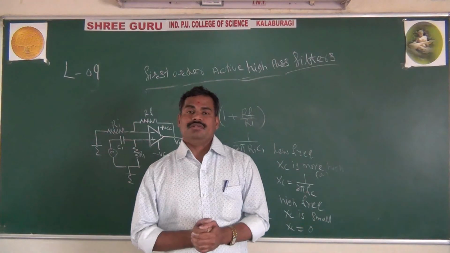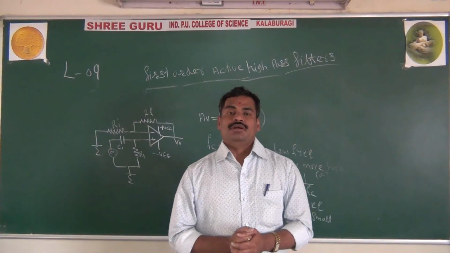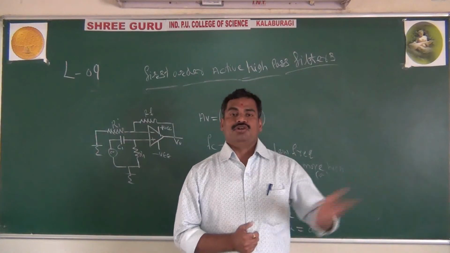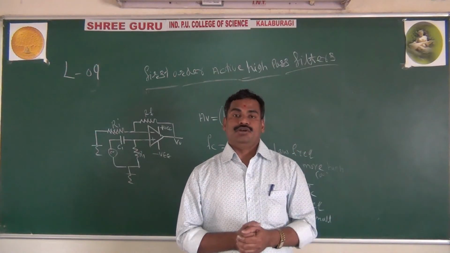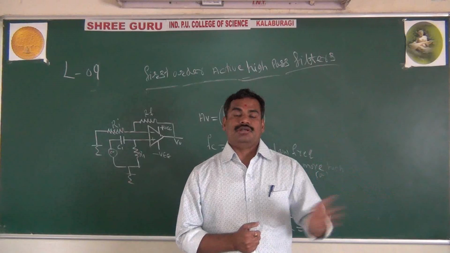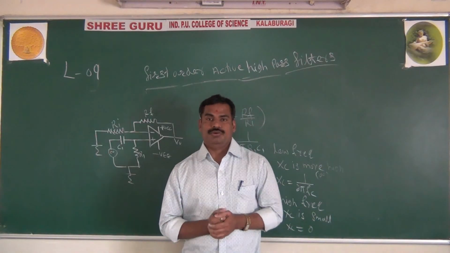The passive filter is constructed by using passive components: resistor, capacitor, inductor. But the active filter, along with the passive components, also has an active component, maybe an op-amp, transistor or amplifier. This is the simple way of describing active filters.